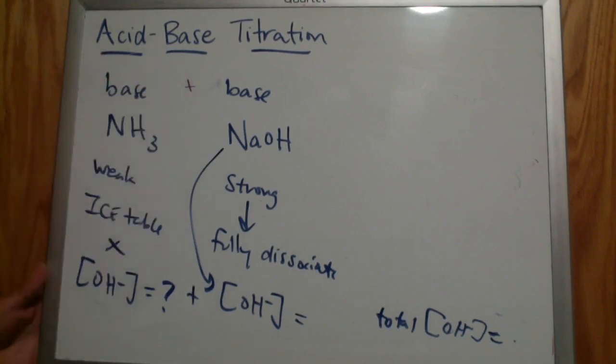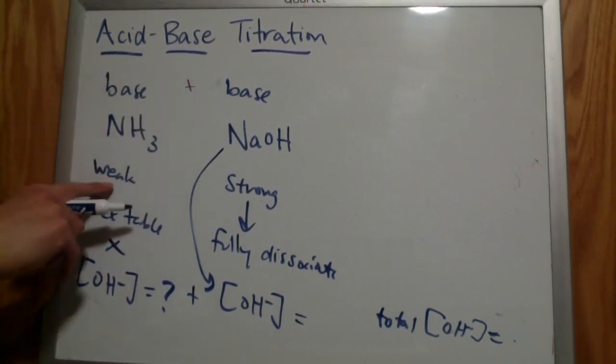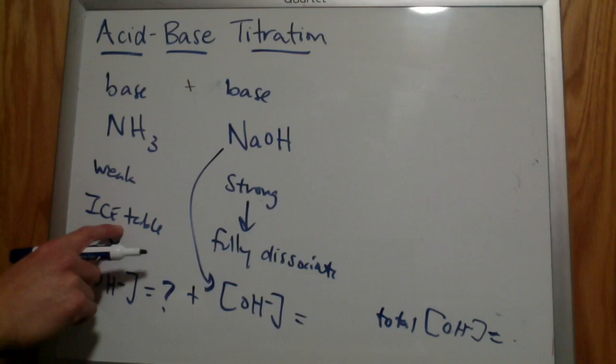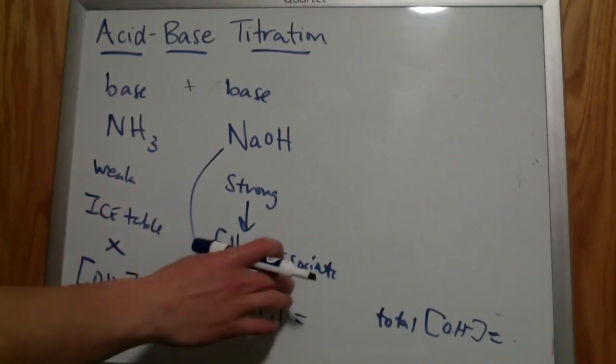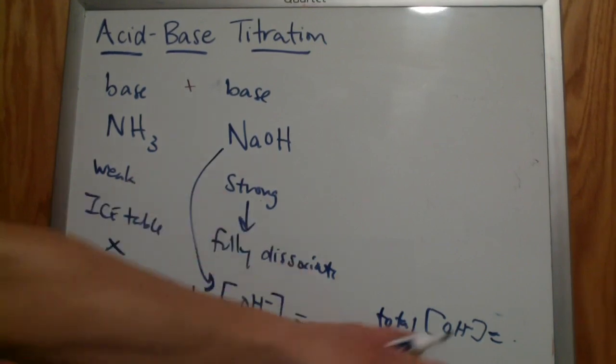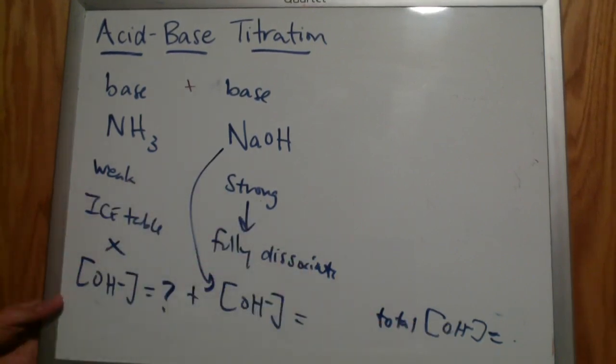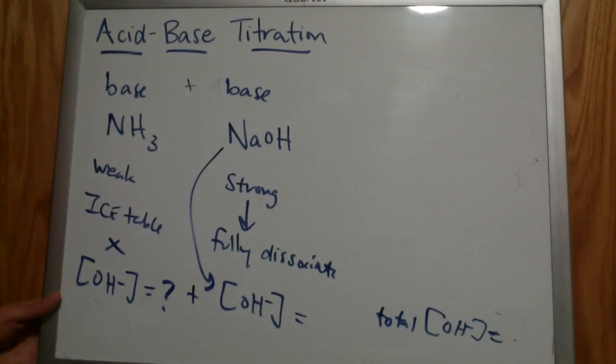Now, same situation, if we had a weak base and a weak base, then we'd have to use two ice tables, and solve for X independently for each of them, and then add the total concentration of hydroxide. So let's recap what the scenarios are.